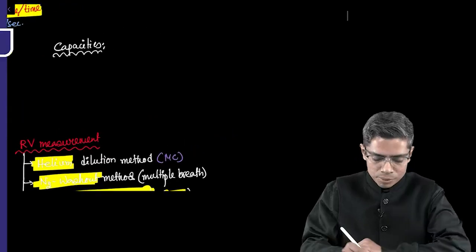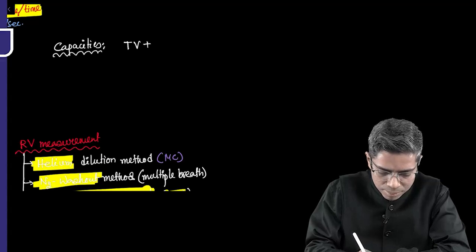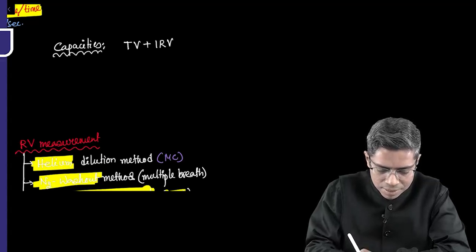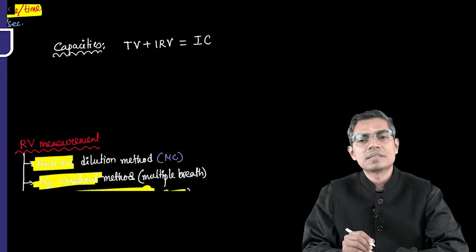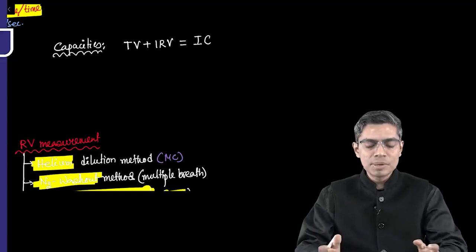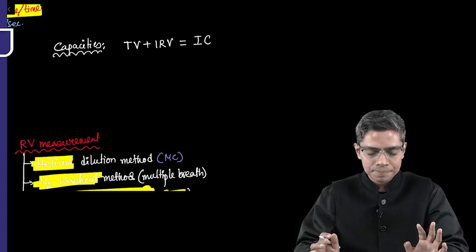So if you add up tidal volume plus inspiratory reserve volume, this is known as inspiratory capacity of the lung. Simply you can add up 500 plus 2000 ml, that will be your inspiratory capacity.